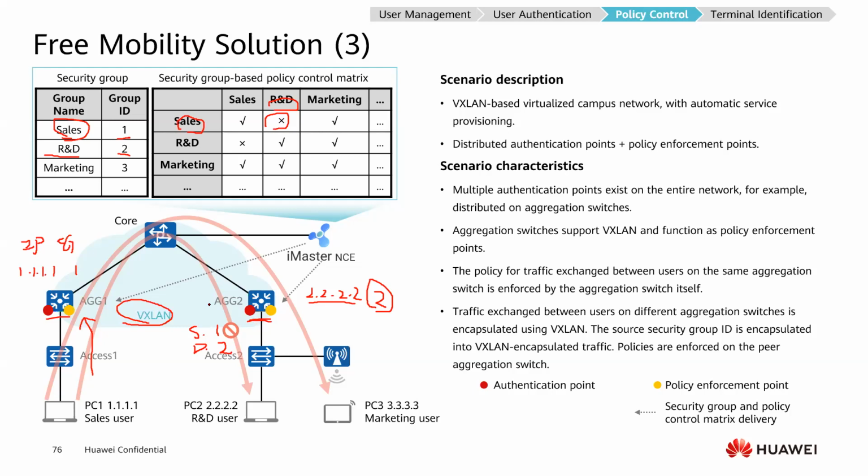So if two users want to connect with each other and they belong to different policy enforcement points, the traffic control will be processed on the peer device, just like this.